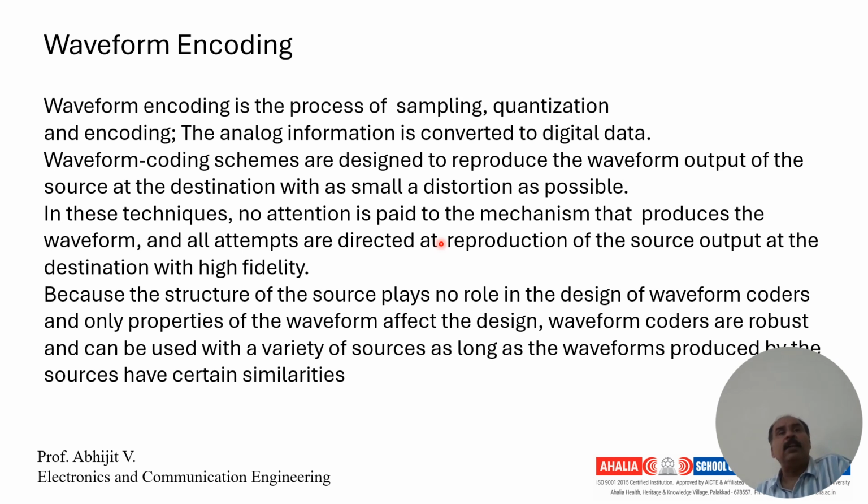What we are going to do is convert this particular analog signal into a digital signal. There are three stages with which we are going to convert this analog signal into a digital signal. The first stage is called sampling. The second stage is called quantization.